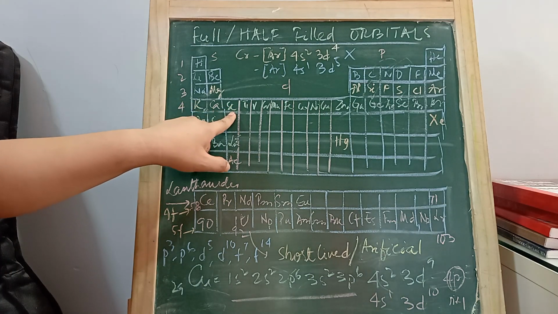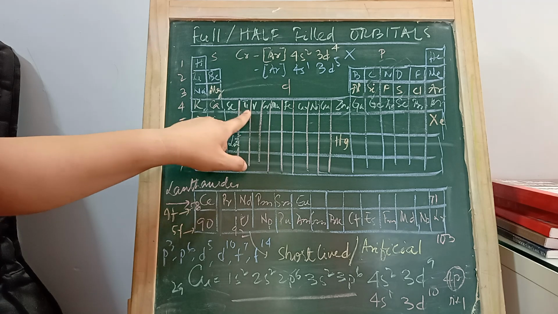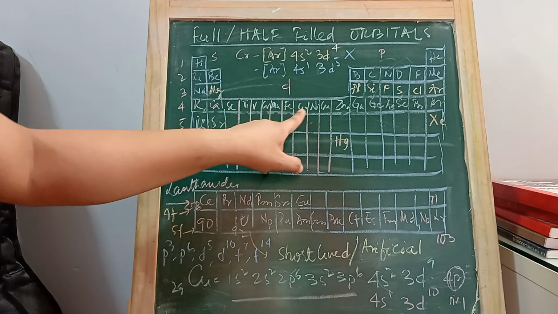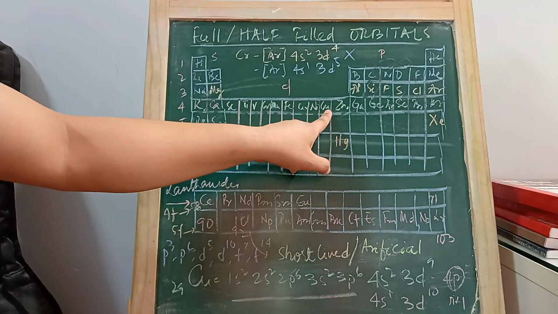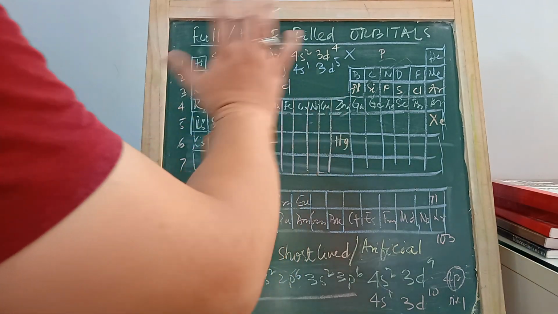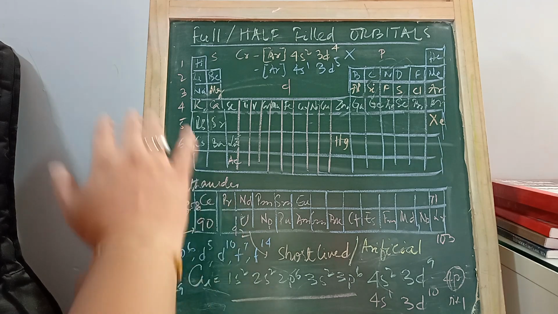Then comes 3d1. For titanium, 3d2. Similarly for vanadium 3d3, 3d4, 3d5, 3d6, 3d7, 3d8, 3d9, 3d10. Right? So up to zinc, the d orbital will be completed.